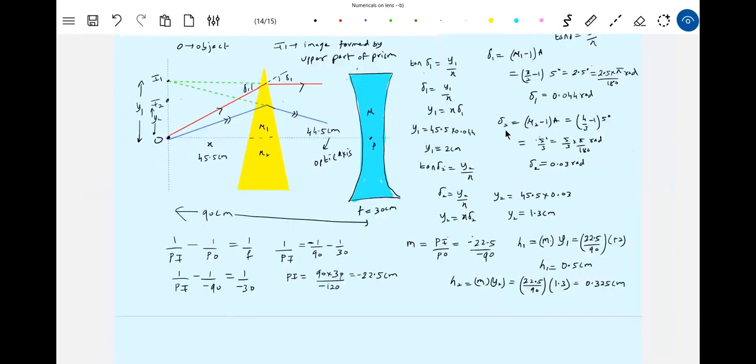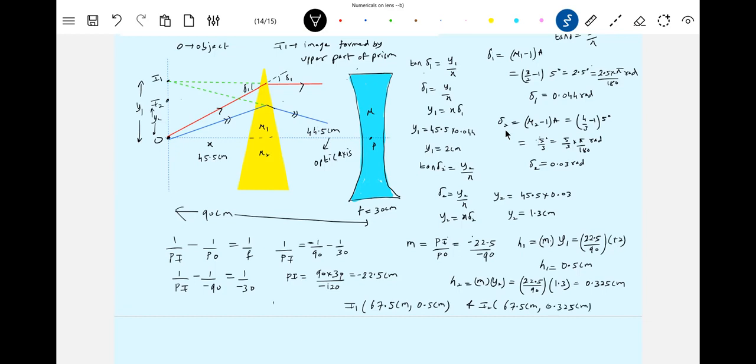The coordinates of image I1 will be 67.5 centimeter, 0.5 centimeter, and I2 will be 0.325 centimeter.